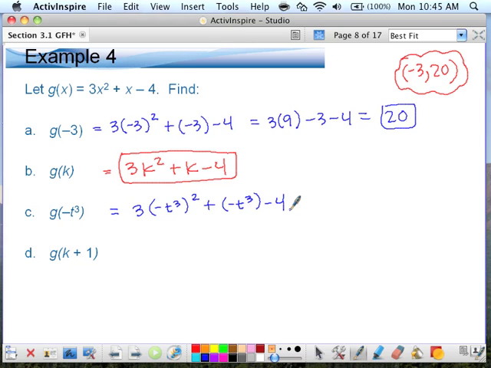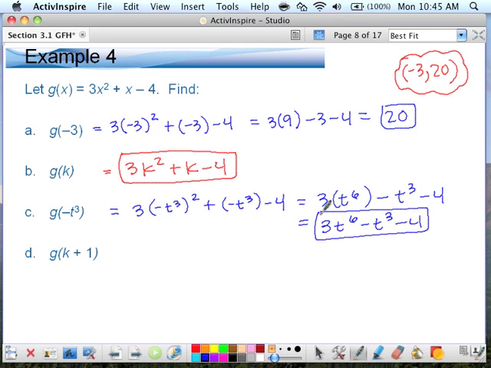To get rid of the first parenthesis, that gives us 3 times t to the 6th. A negative squared is a positive, and a t cubed squared is a t to the 6th. So we have 3t to the 6th plus negative t cubed, which is just minus t cubed, minus 4. So our final answer is 3t to the 6th minus t cubed minus 4. That is what we get when we find g of negative t cubed.